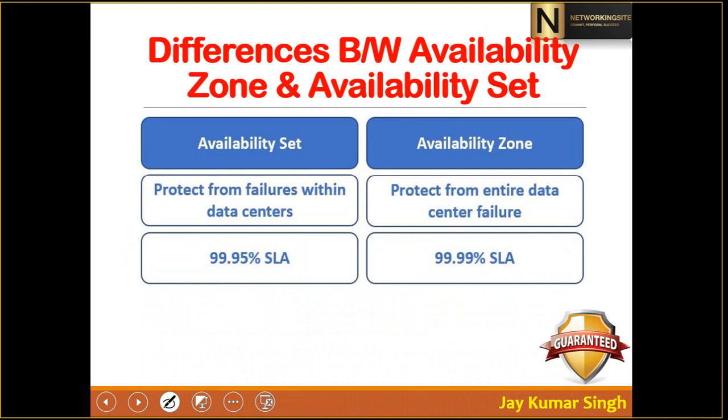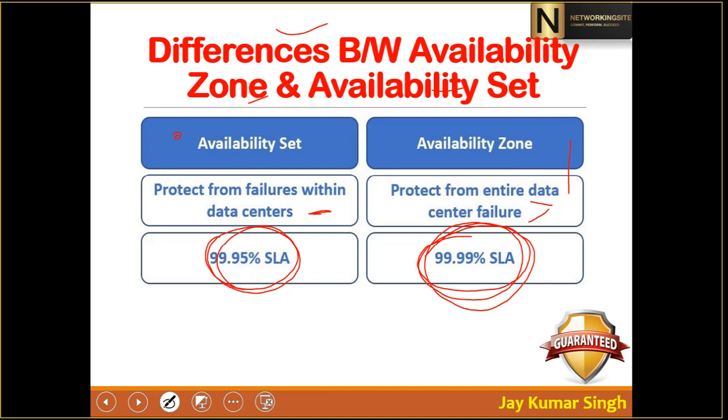Now the difference between availability zone and availability set: an availability set protects from failure within a data center, and an availability zone protects from entire data center failure. The SLA is 99.95% for an availability set, but if I create a machine inside an availability zone, I have 99.99%.